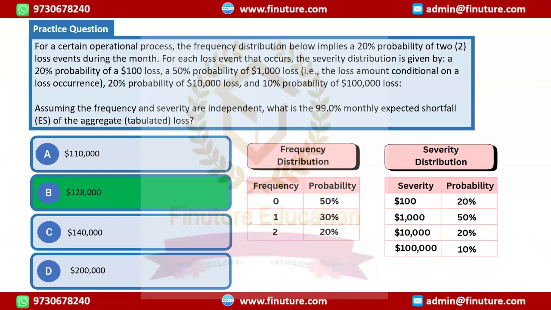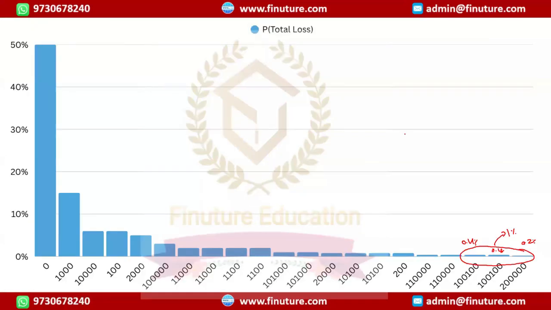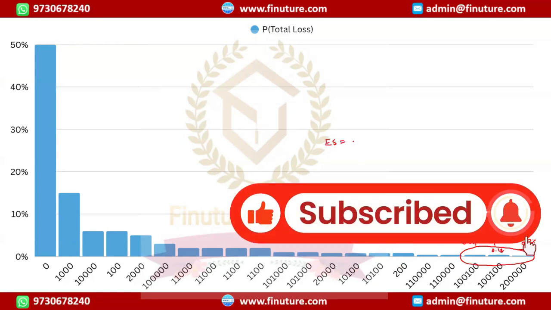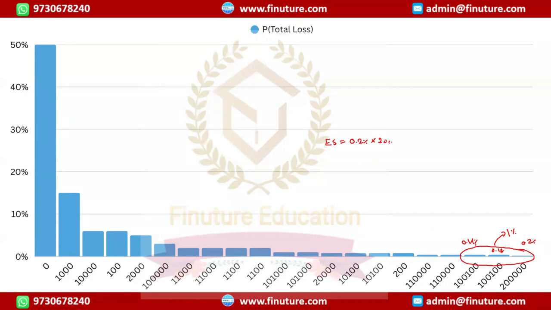And yeah, first let's calculate. Expected shortfall would be the expected value: probability of 0.2% of 200k loss, plus probability of 0.4% of loss of, let me just check what was logged.